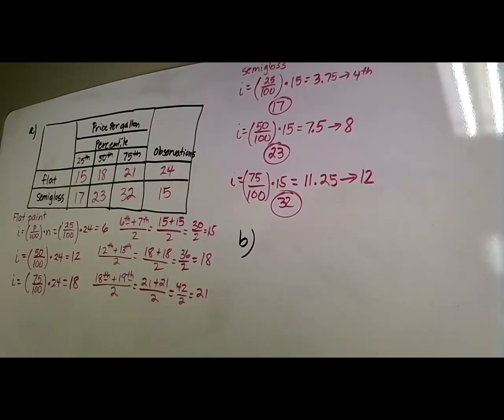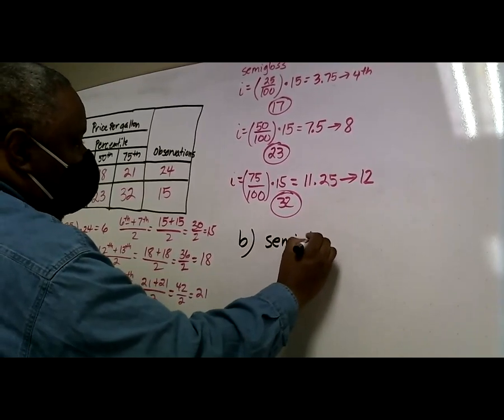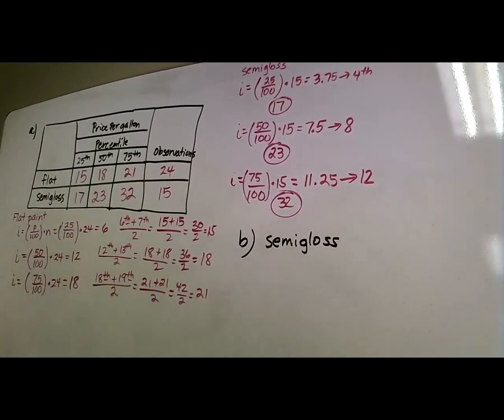In this case here, I would look at the median to determine which one is more expensive. Because that's the center, the 50th percentile. So which one is more expensive, the flat paint or semi-gloss? Semi-gloss, because the cost there is at the center, that's 23, so that would be something like the average. It's more expensive than flat paint.